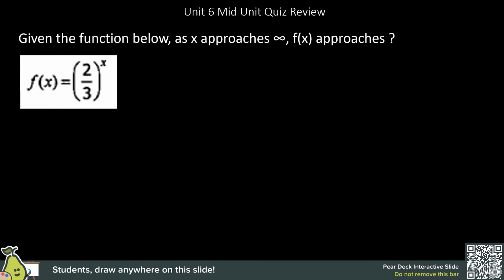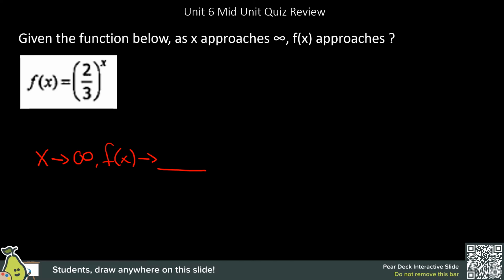Now I'd like you to do this one. So we're being given the same situation: as x is approaching infinity, f(x) is approaching what? My recommendation to solve this is graph this on Desmos, see what that graph is looking like, and then make your answer from there.